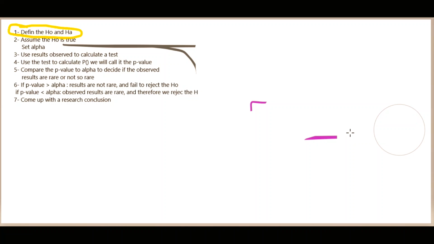Step number 2 is going to be the assumption that we discussed. Okay? So step number 1, you define the null and the alternative. Step number 2, you're going to assume the null hypothesis to be true, and you're going to set alpha. Step number 3, when we were dealing with the example of the gambler, we jumped to step number 4.